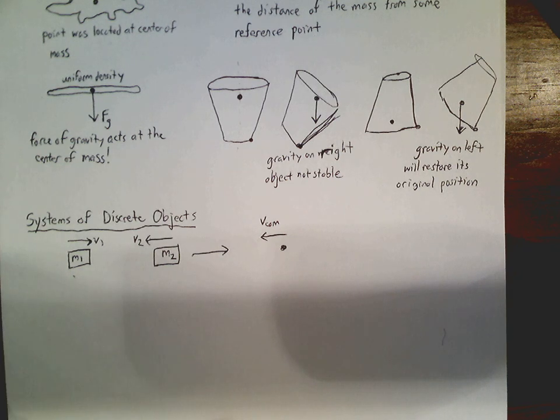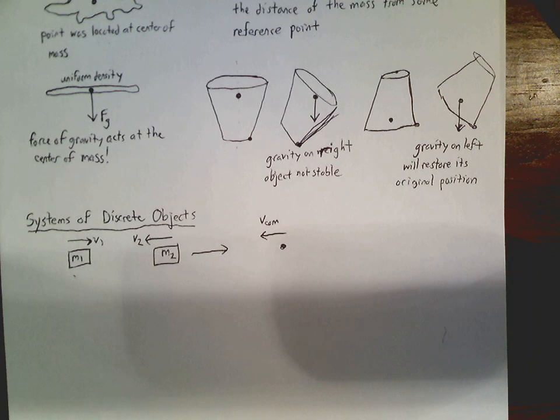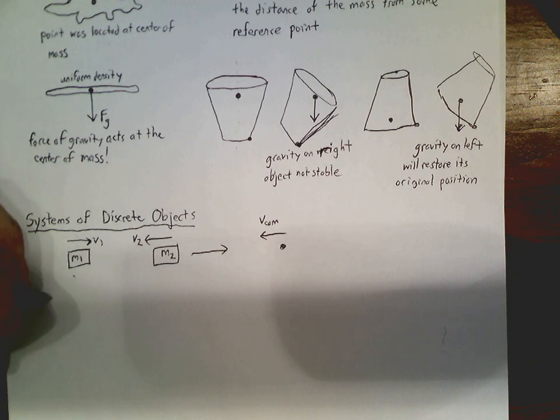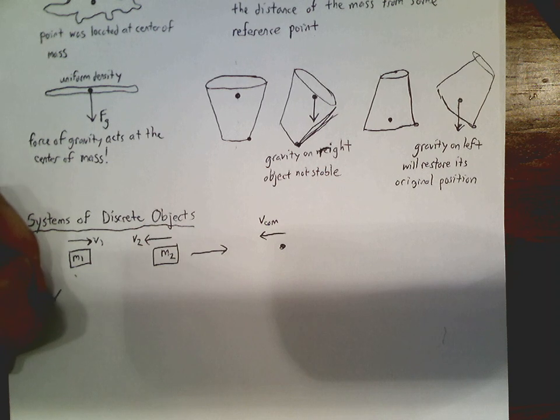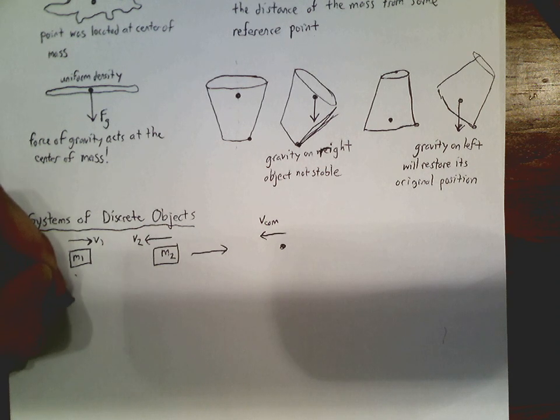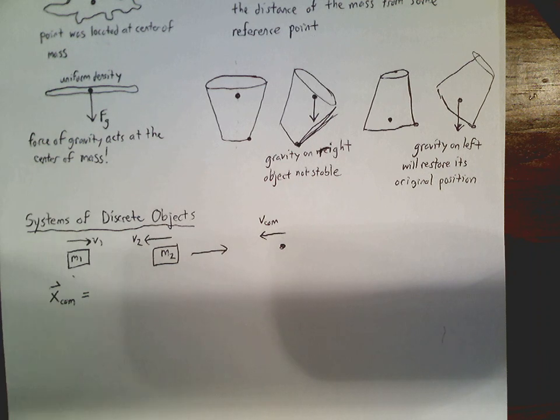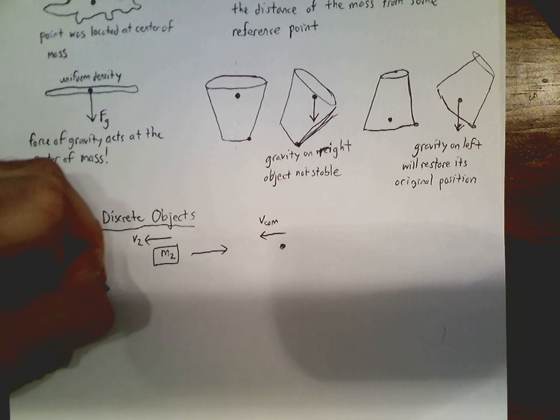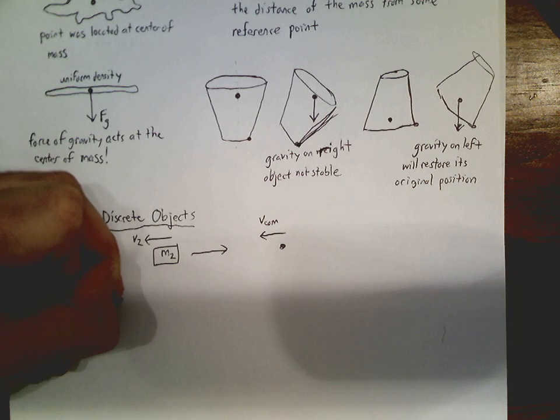So how do we calculate the center of mass of a bunch of different objects? It's an average. So the center of mass is a vector. And we can think of this as, where is its x coordinate? The x center of mass.